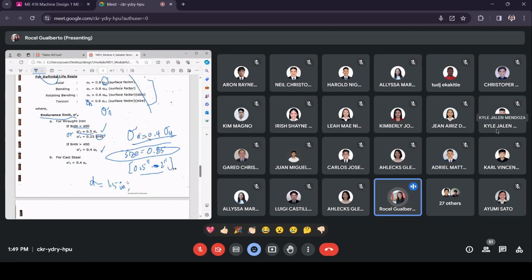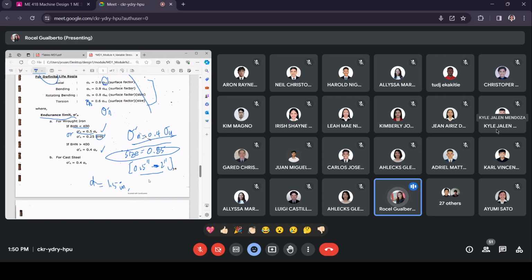So this would be our final answer already, 1.5 inches, because it conforms with the size and also with our computed dimension.